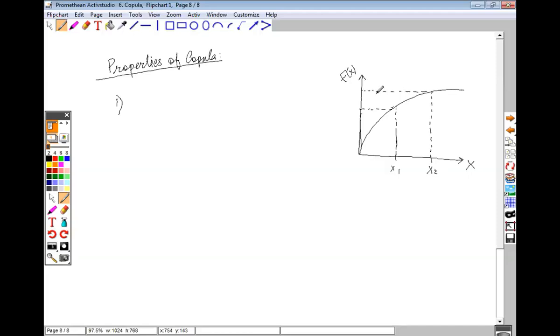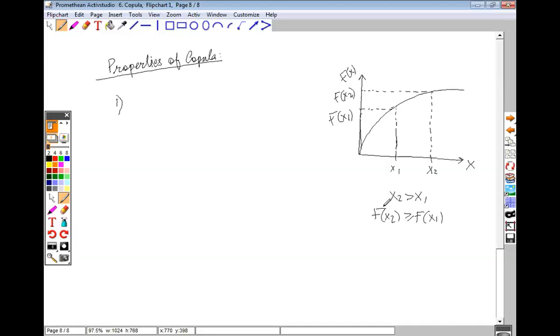That it is always increasing in nature, right? If I take x2, which has a higher value than x1, then F of x1 is not going to be any higher than F of x2. So F of x2 has to be greater than or equal to F of x1. If I assume that F of x is a strictly increasing function, there won't even be the equality, but this is the general case.